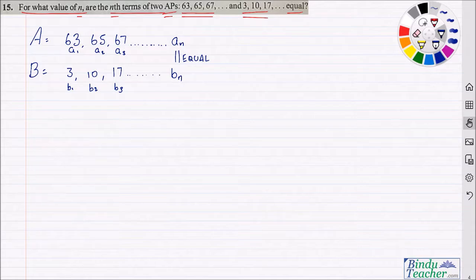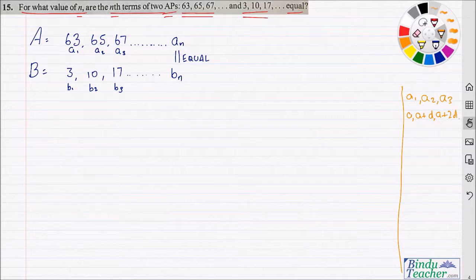Okay, so now let's try and write down. So it's already been said that both these lists of numbers are arithmetic progressions. Now what do we know about arithmetic progression? A set of numbers A1, A2, A3 is said to be an arithmetic progression if they're of the form A, A plus D, A plus 2D and so on.